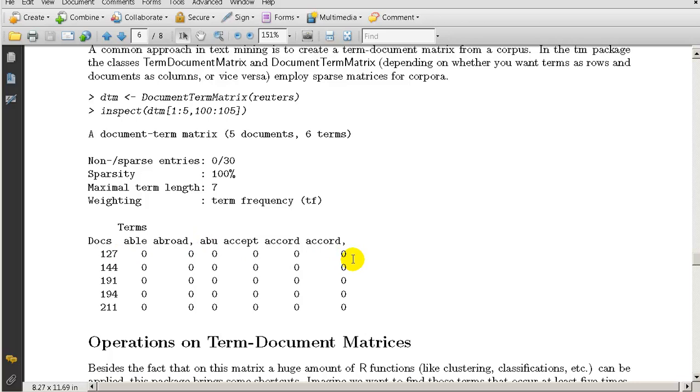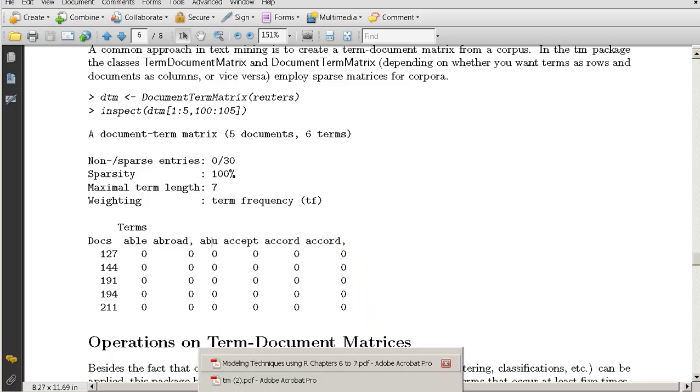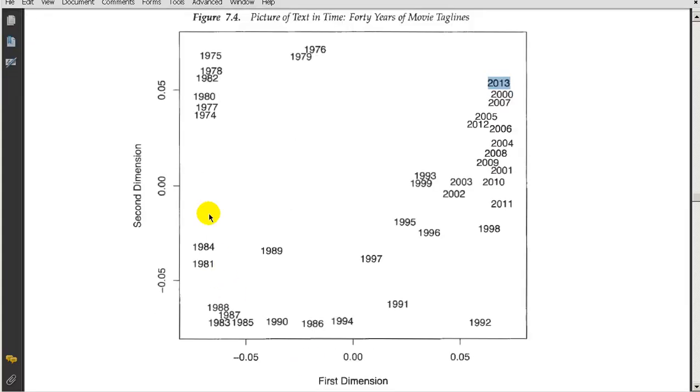And so we can talk about the distance between years in the same way, based on this bag of words approach, as we called it. So it makes sense to talk about the distance between the years.